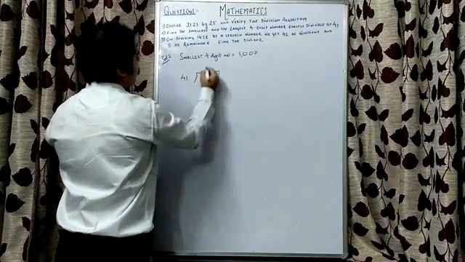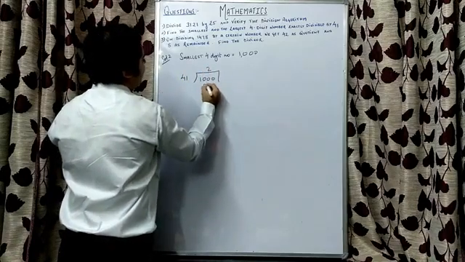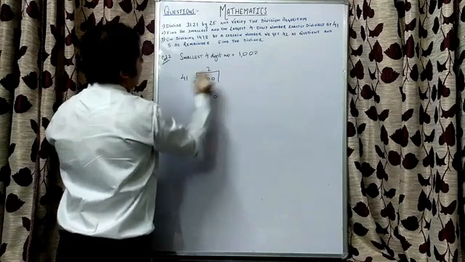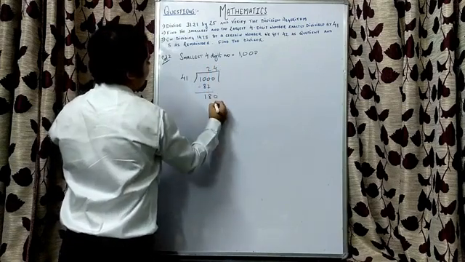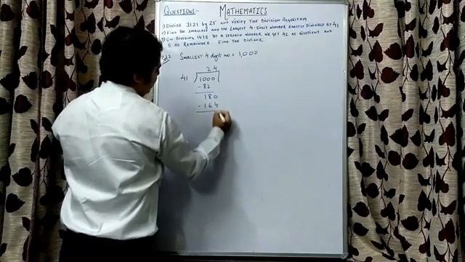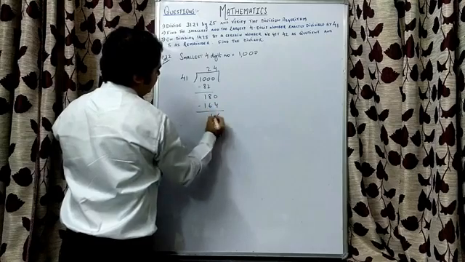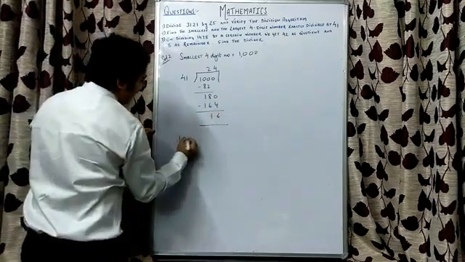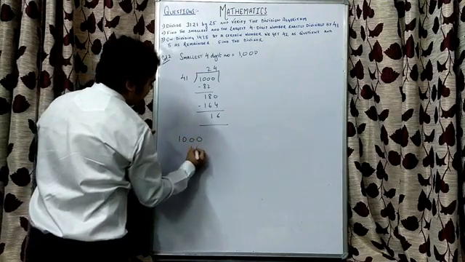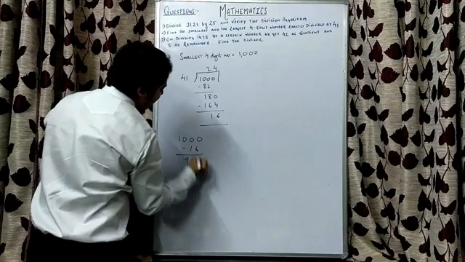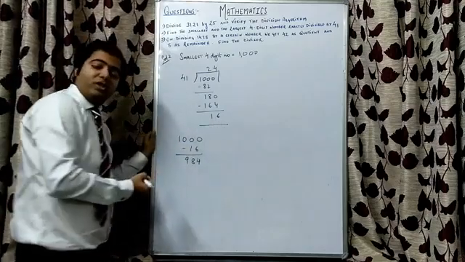41 2s are 82. We are left with 18. 41 4s are 164. 17 minus 16 is the remainder. So suppose if we subtract 16 from 1000, we will be getting 984. Is it a 4-digit number?